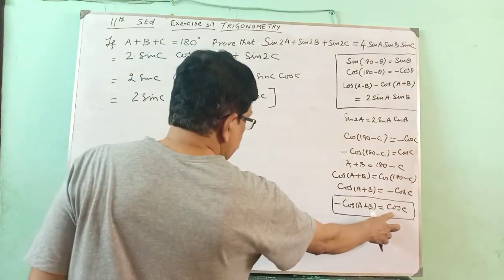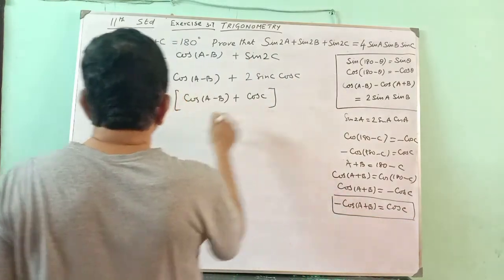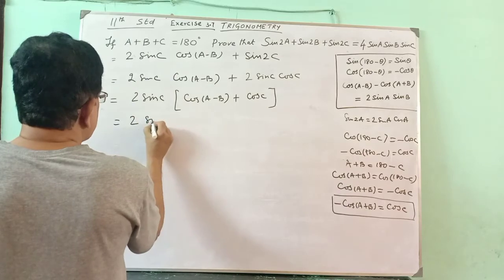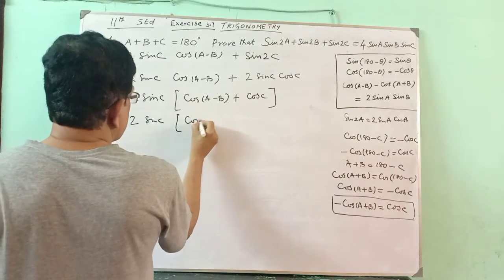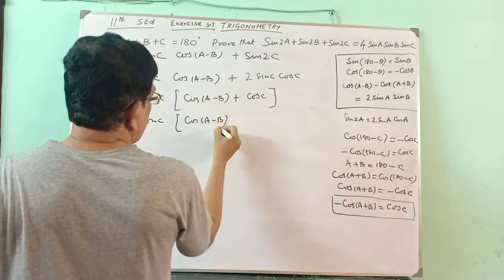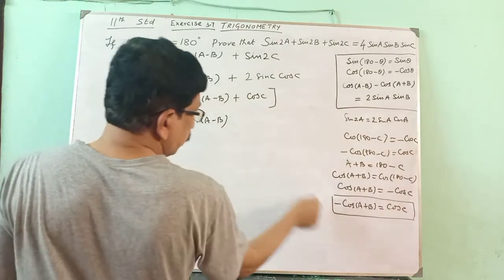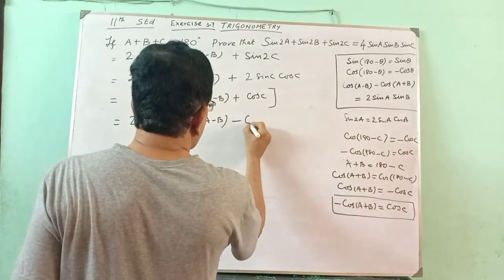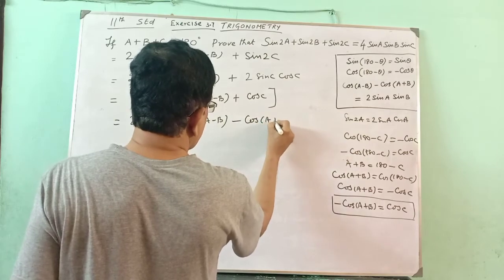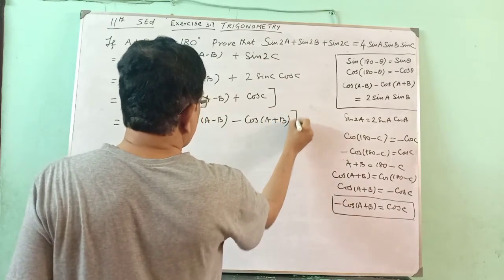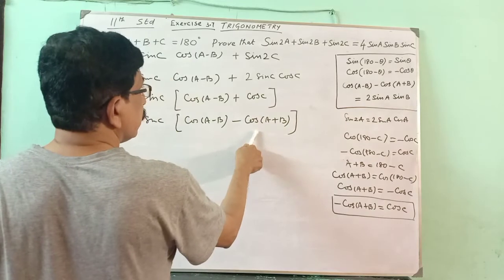Now we substitute cos C is equal to minus cos(A plus B) into 2 sin C cos(A minus B) plus cos C, giving cos(A minus B) minus cos(A plus B).